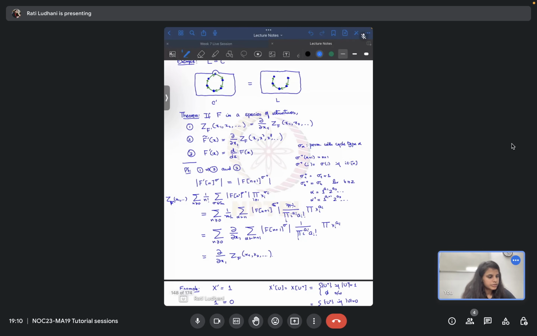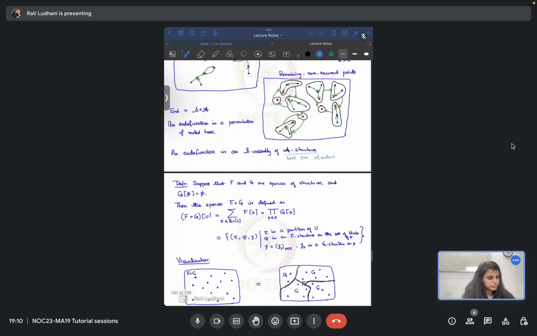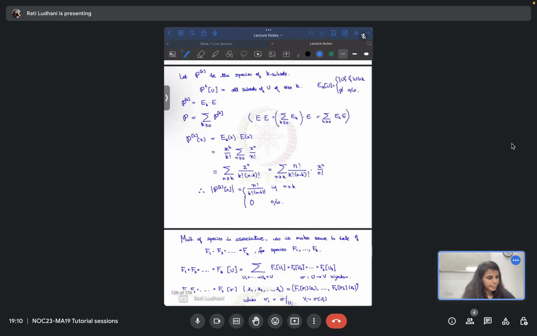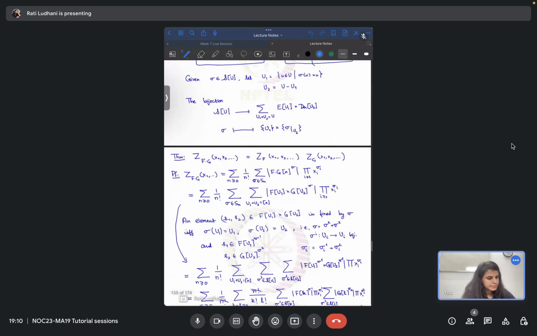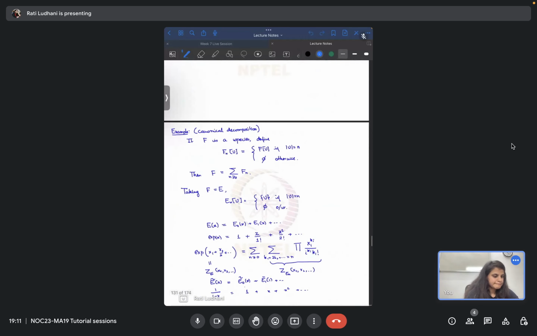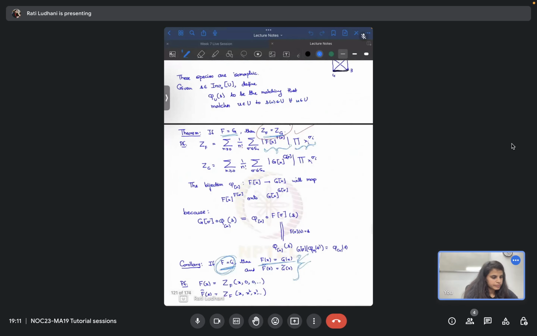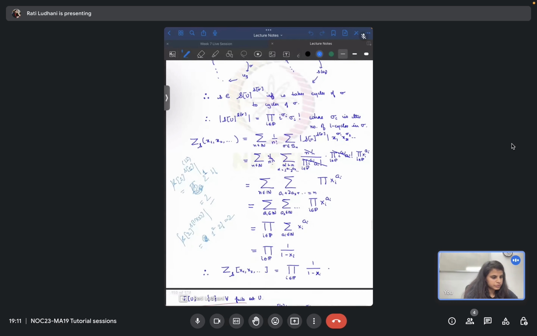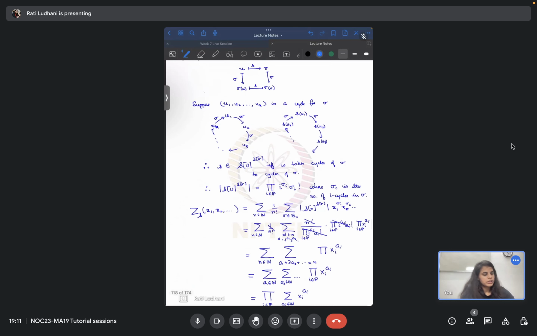So the calculation I'm trying to look at is this. S belongs to the fixed point.